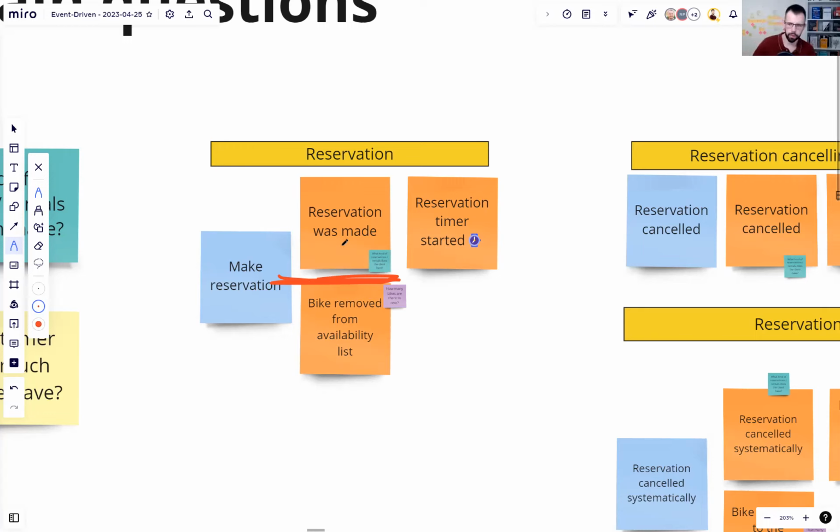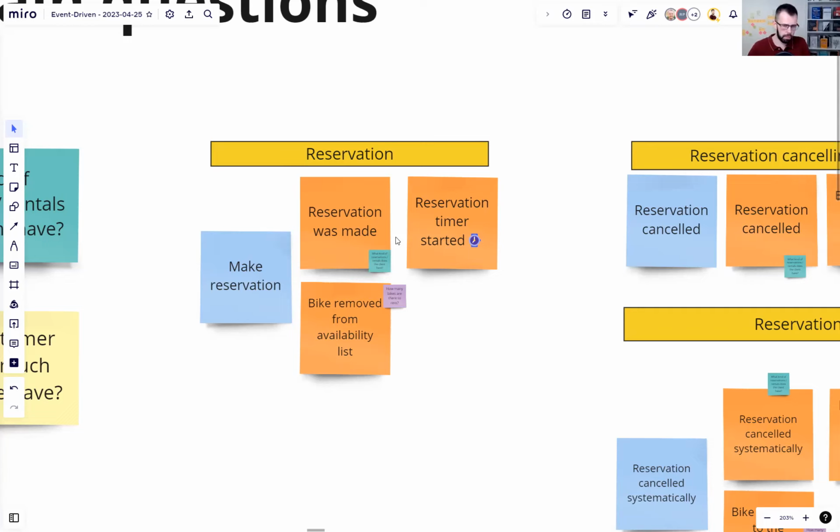We'll need some kind of two-step process to be able to confirm that the bike is removed. So in this kind of situation, splitting these events into two different modules would be difficult.